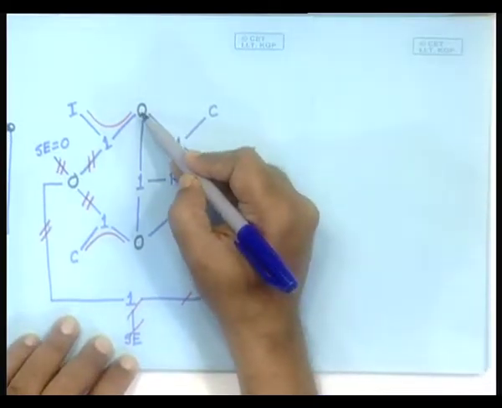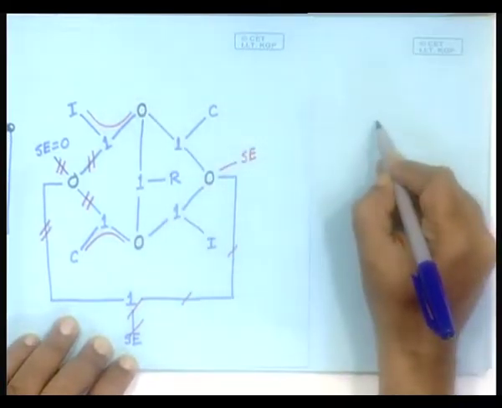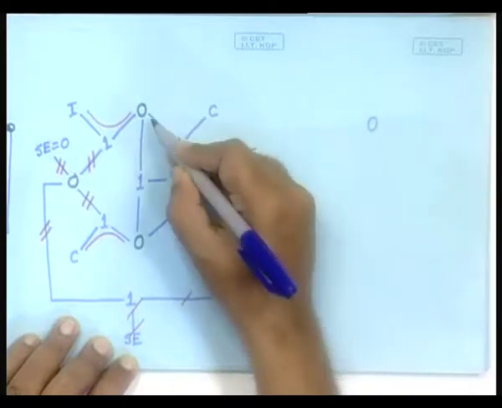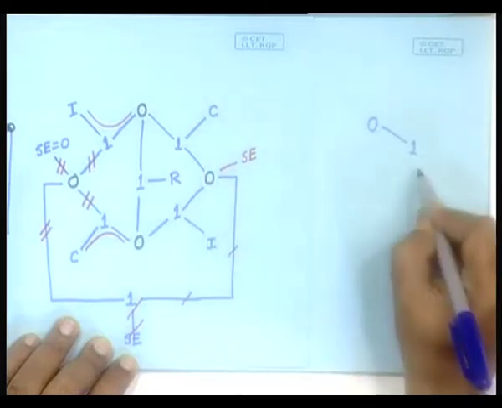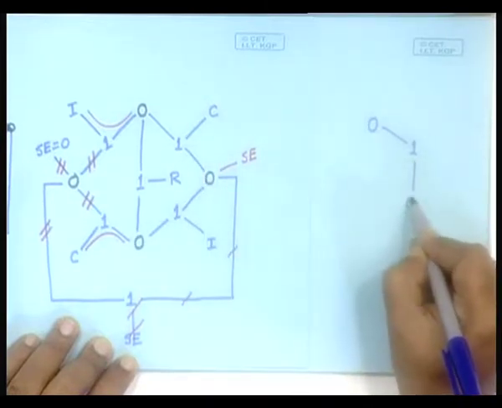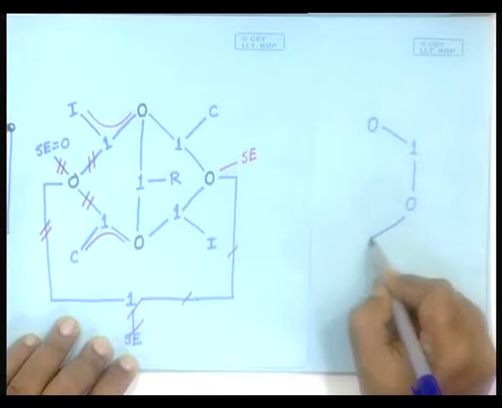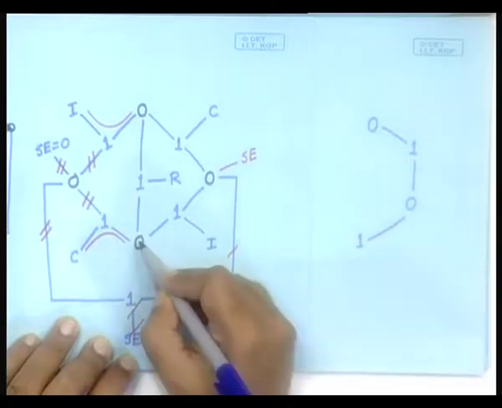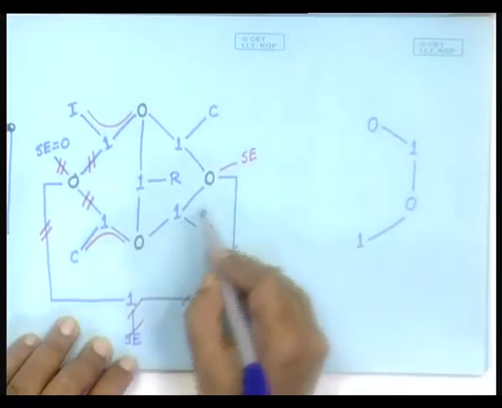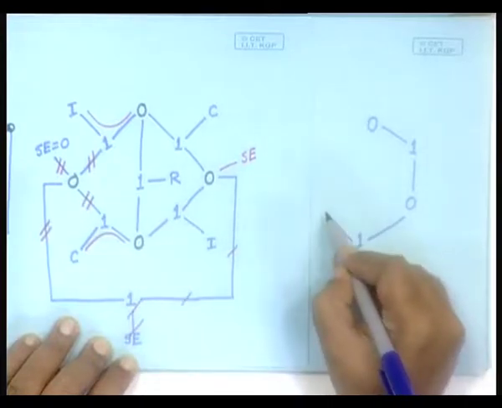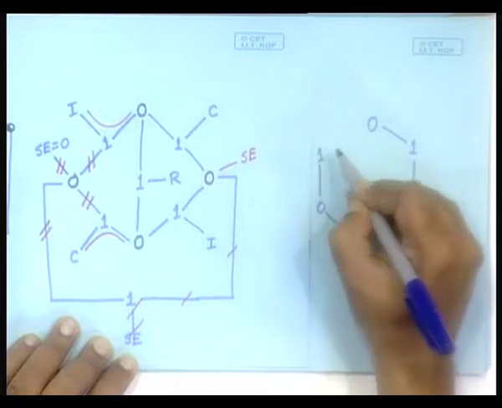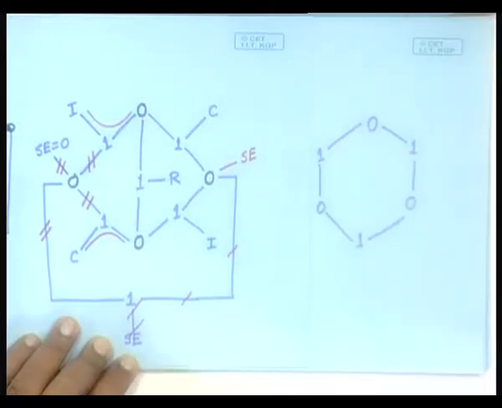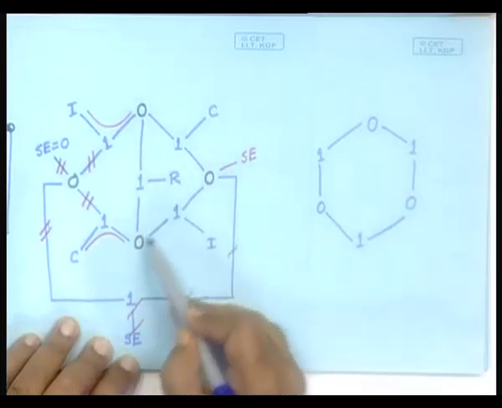Let us start from here: 0, 1, 0, 1, 0, 1, 0. Can you see that? It forms such a loop.